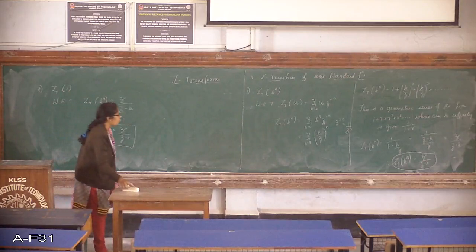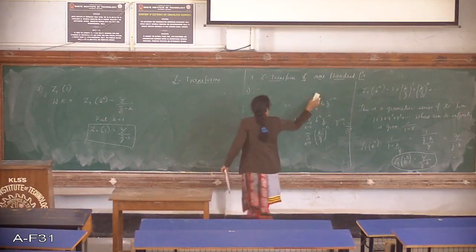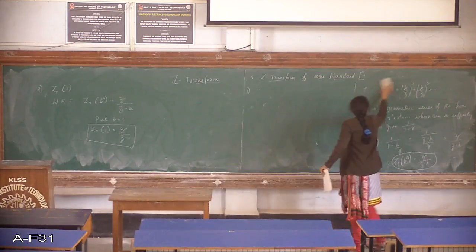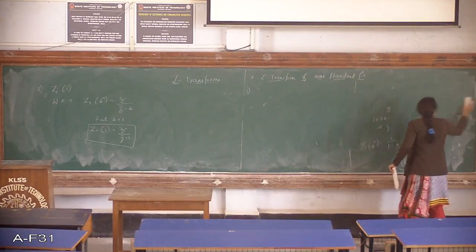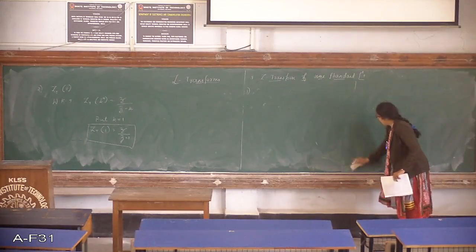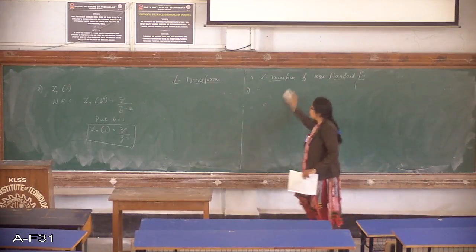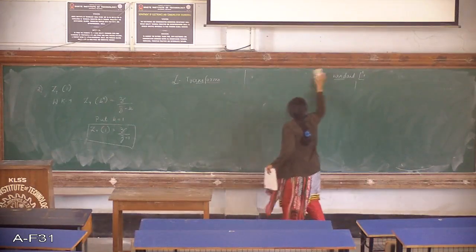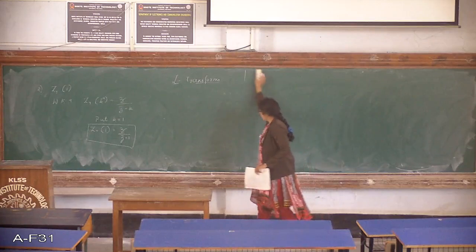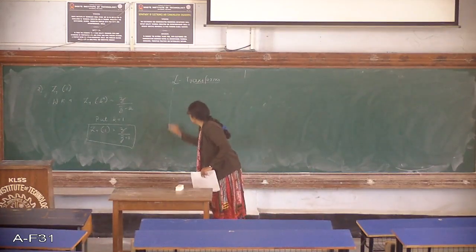And now let us go for the next standard function and how it is applicable when we are supposed to find out what can be the z transform of n, n square, n cube, and so on. So let me go for one of the results. Let us take the next one.